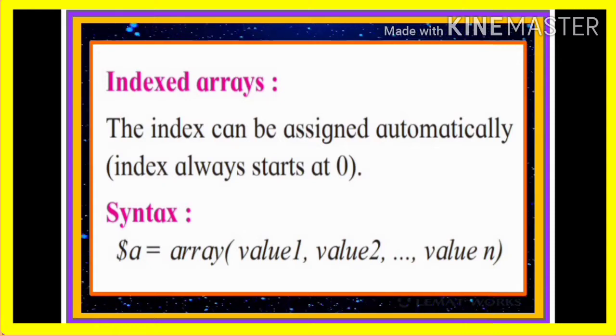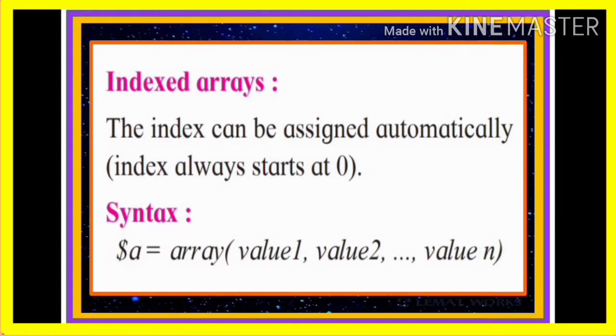First, we see the indexed arrays. The index can be assigned automatically, meaning the index always starts at 0 here. So, the first element has the index 0, the second element has the index 1, and likewise. The syntax shows how to declare indexed arrays.